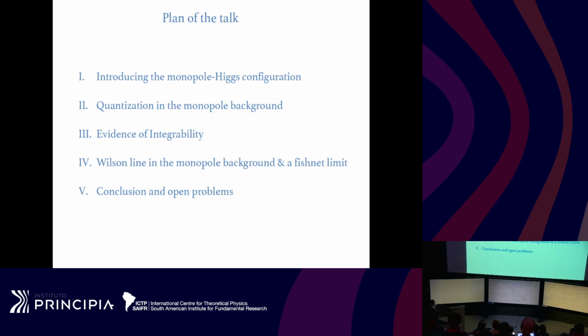Then after the quantization, I can in principle compute anything I like. One thing that I would normally calculate are one-point functions, which are supposed to be exactly calculable, because this setup, as I said, is supposed to be integrable. But I will not consider that. Instead, I will consider a Wilson line in the monopole background, and in particular a limit of the perturbative computations. And I will finish with some conclusions and open problems.